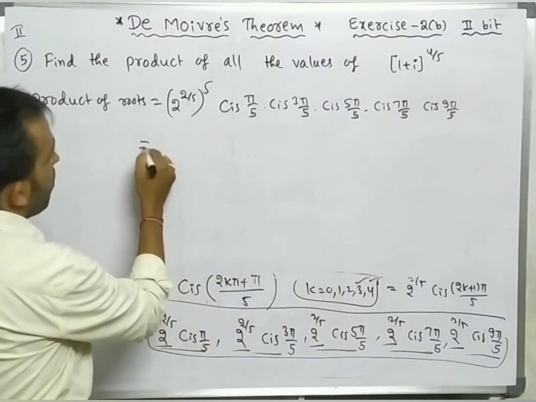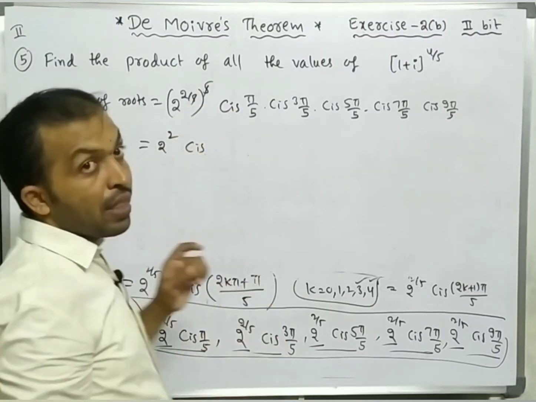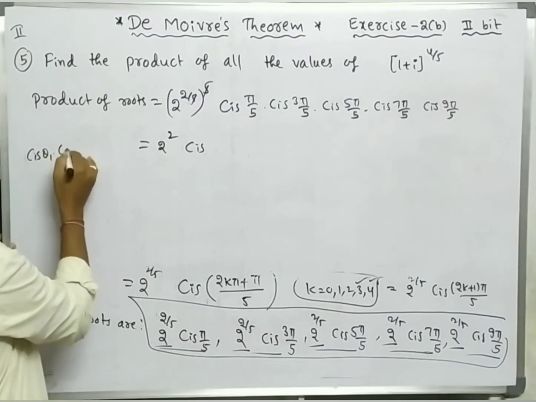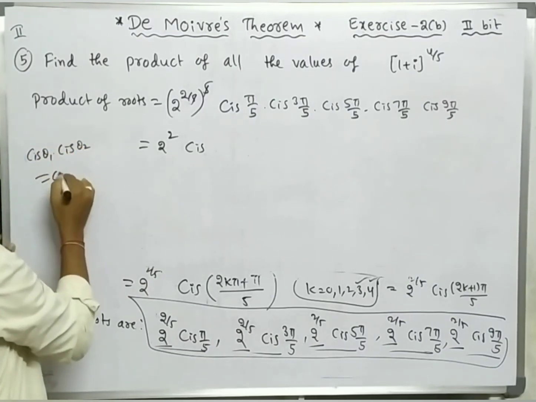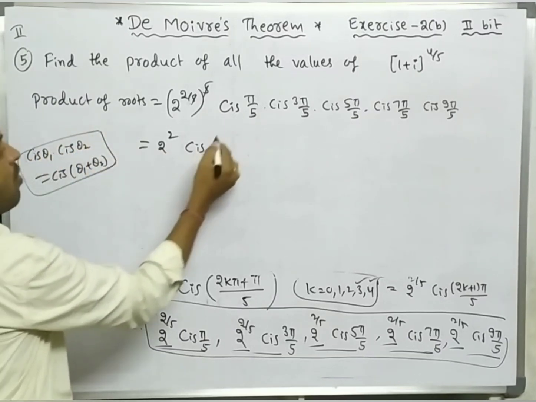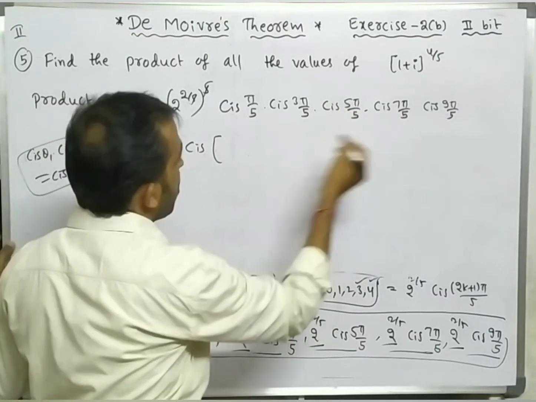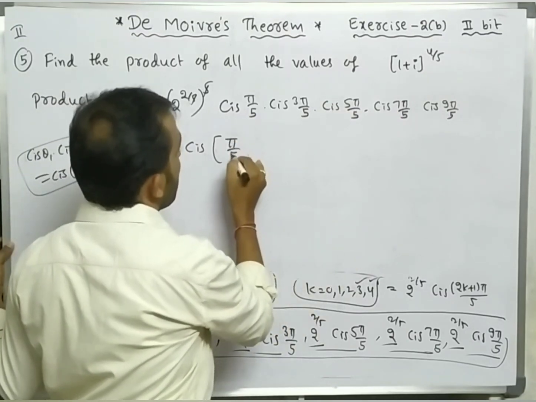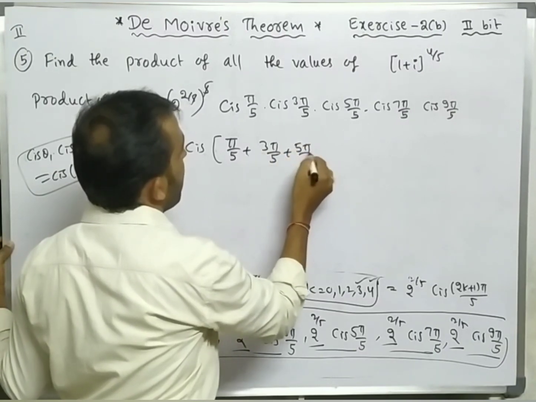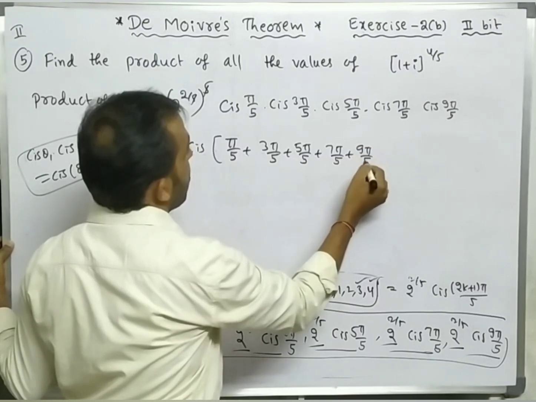Okay, so the 5s cancel, leaving 2 squared. We have the formula cis theta 1 into cis theta 2 is equal to cis of (theta 1 plus theta 2). So here cis of theta 1, theta 2, theta 3, theta 4, theta 5, then we can sum them: pi by 5, 3 pi by 5, 5 pi by 5, 7 pi by 5, 9 pi by 5.